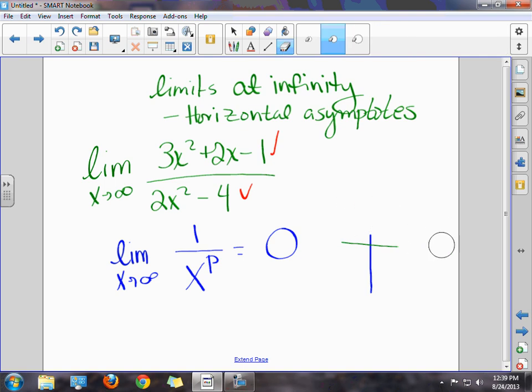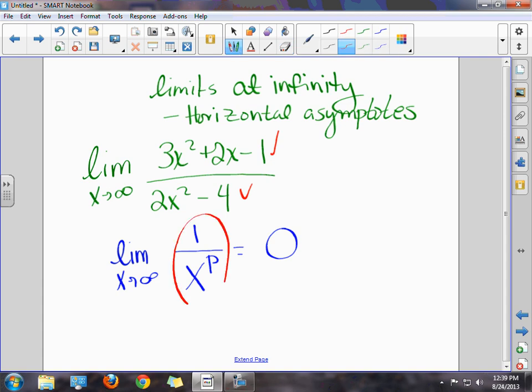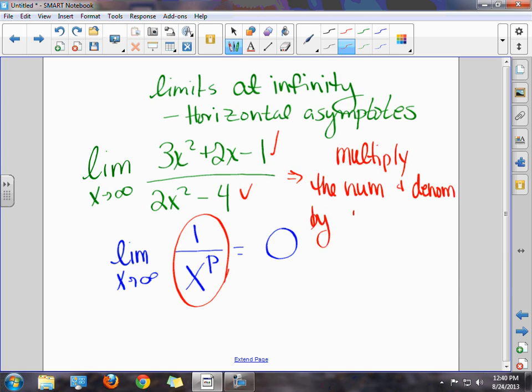And then what we're going to do is take this polynomial expression and turn it into a bunch of expressions that look like this. The simplest way to do that, the way that's going to get us a limit in the end that we can evaluate, is to multiply the numerator and denominator by 1 over x to the n power.